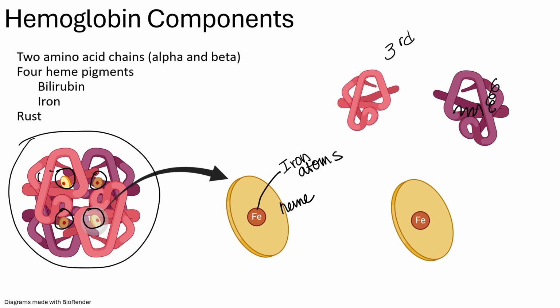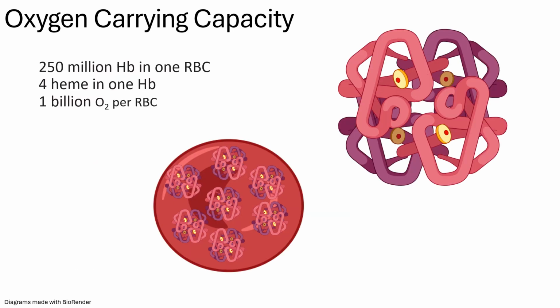When oxygen attaches to the iron in the hemopigment, the pigment changes to a darker color. And this is the exact same phenomenon that happens when metal is exposed to oxygen and rusts. There are four iron atoms or hemopigments in one hemoglobin molecule.